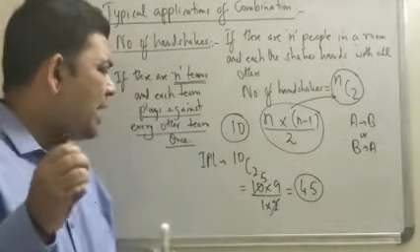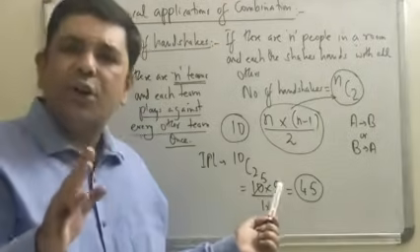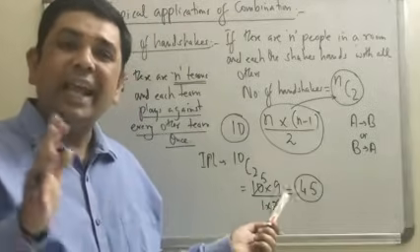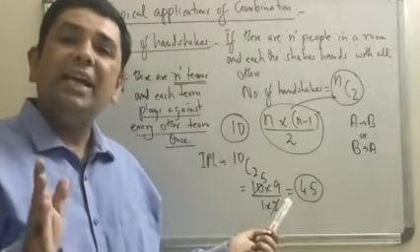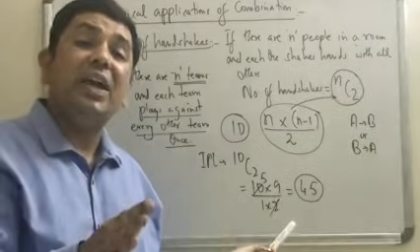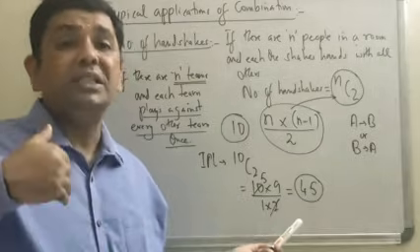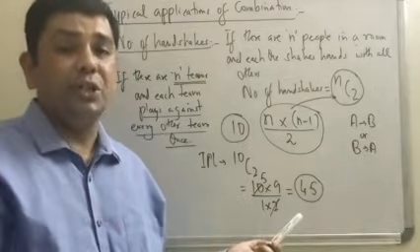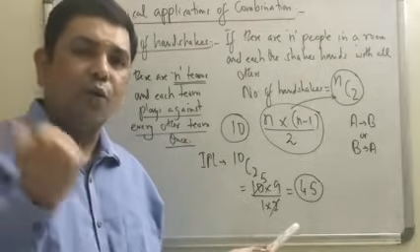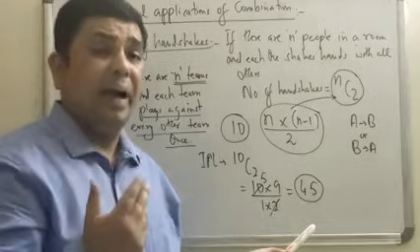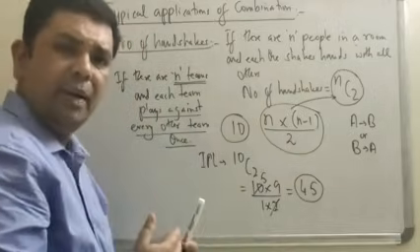Some of you might say that no, this is not the structure of the IPL. In the IPL, usually each team plays against every other team twice, once at their home ground and once away in the opposition's home ground. So one match is called a home match and the other match is called an away match. Then what should I do? Very simple.